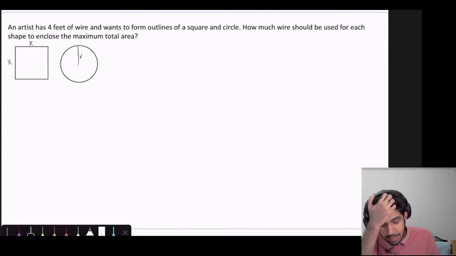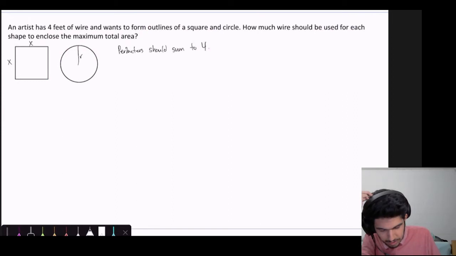That means the perimeters of these shapes should sum to 4.